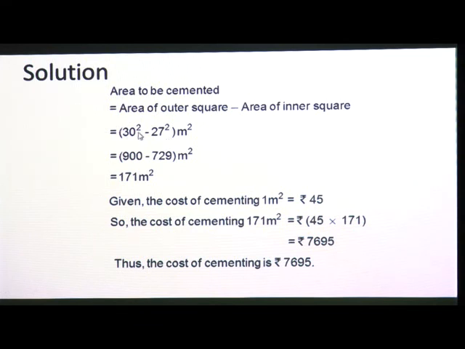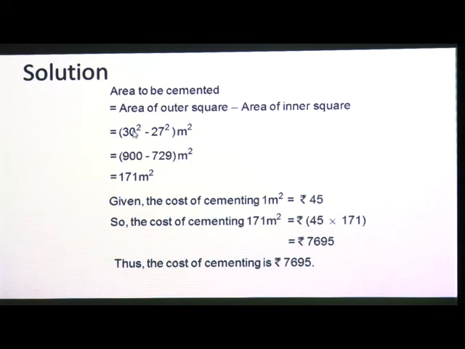Now, when it is written square, we have to find out the square of 30. What is the square of 30? It is 900. So, 30 is multiplied 2 times. So, it is 900 minus 27 multiplied 2 times, so it is 729 meter square.